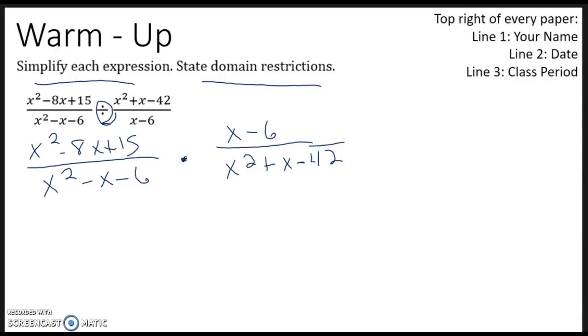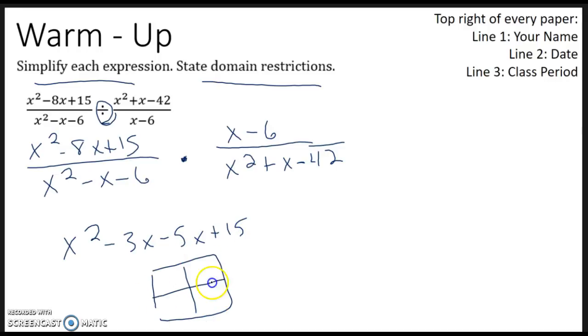Of course, right? So first guy, I need to multiply to 15, add to negative 8. The only way I'm going to multiply to positive 15 and add to negative 8 is with negative 3 and negative 5. So my pants would look like x squared minus 3x minus 5x plus 15. I boxed it real quick.